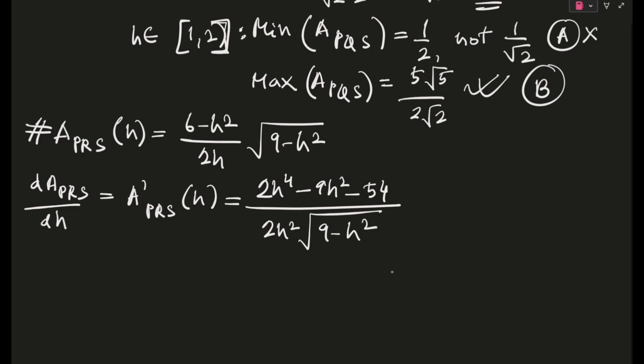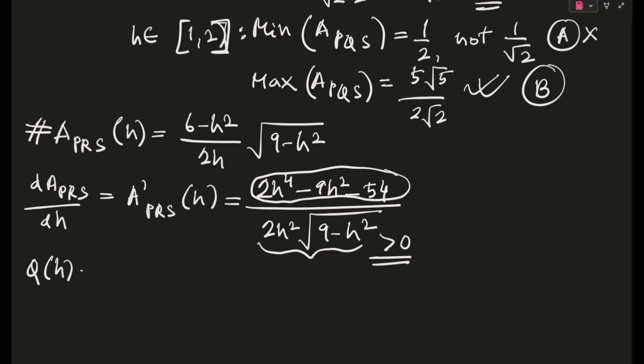Okay, so guys, one thing: this particular part in the denominator is greater than 0. Okay, you can see. So everything depends on the sign of this thing. So let's do one thing now, take this particular thing to be a function capital Q of h, which is equal to 2h power 4 minus 9h squared minus 54.